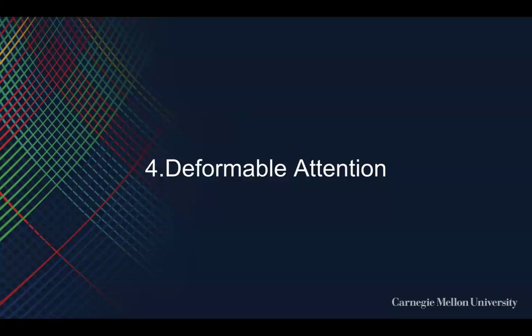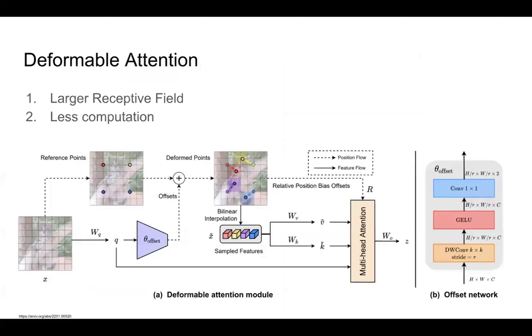The second improvement is deformable attention. Next. So compared to normal attention, deformable attention has a larger receptive field and uses less computation. Instead of using the full feature map, deformable attention uses a bunch of reference points to sample the feature map and downscale the feature map. What makes it unique is that there is an offset network used to predict the offset of each reference point.